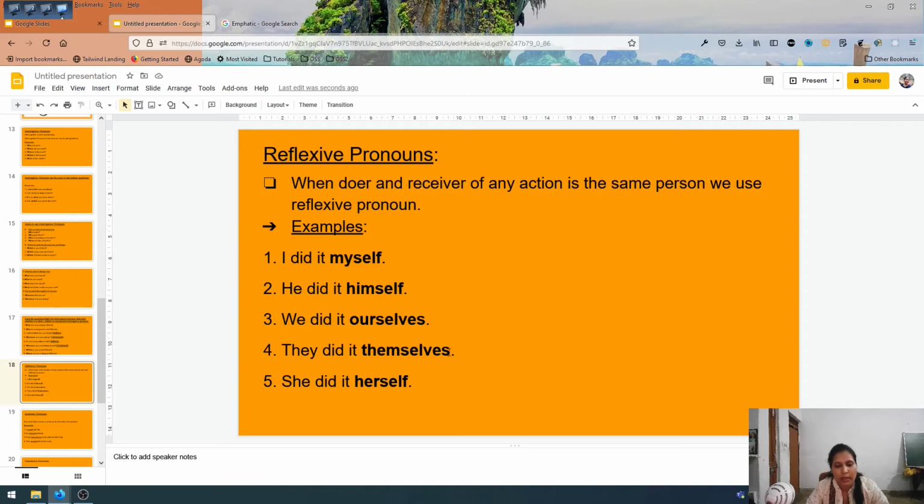They did it themselves. She did it herself. So here the doer and receiver of the action is the same person, and the pronouns we use as reflexive pronouns are myself, himself, ourselves, themselves, herself, and it could be itself also.